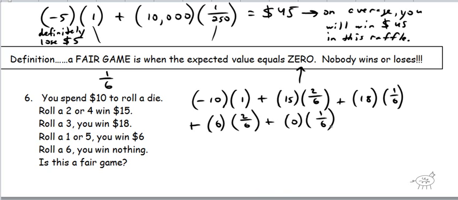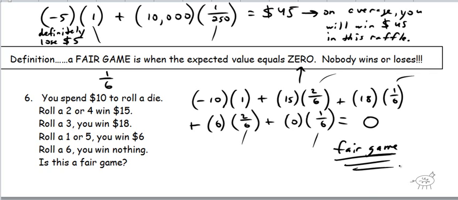And notice these guys here, those add up to 1 because I'm rolling the die, and those are all the different possibilities. Okay? So if I multiply all that up, I get 0. So this is a fair game. All right, nobody's going to win. On average, nobody's going to win, nobody's going to lose.